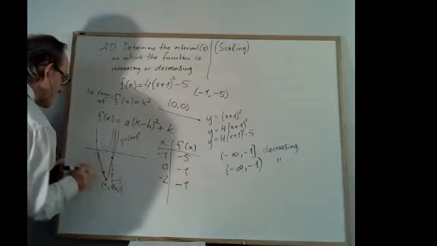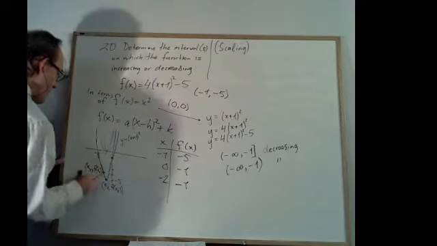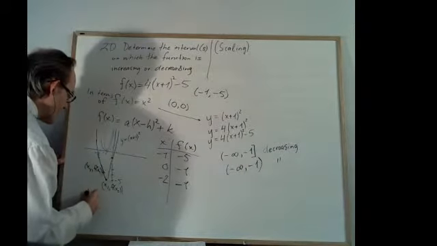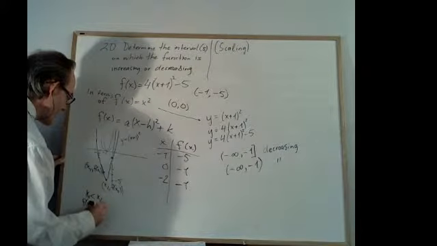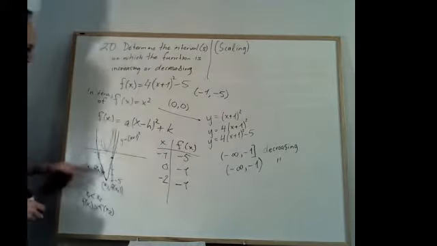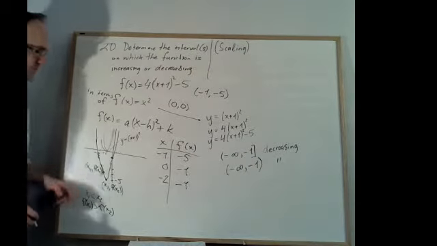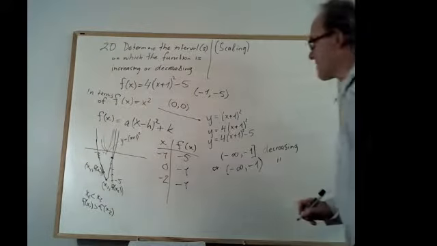Look at the 2 pairs. x1 is less than x2, and f of x1 is greater than f of x2. So that means it's decreasing along this interval. Either way of saying it is fine with me.